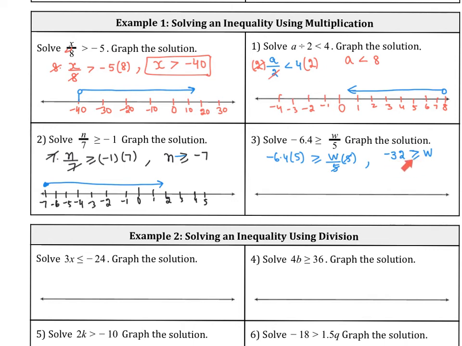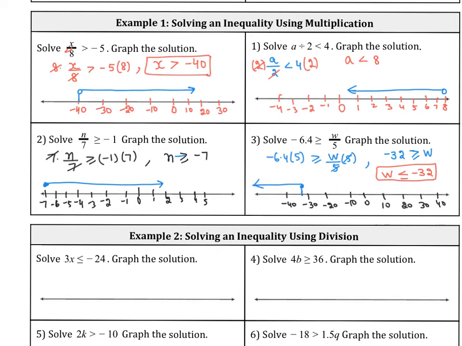But we do not write the number first, we always write the w or variable. So we're going to rewrite the same inequality. Instead of saying negative 32 is greater than or equal to w, we're going to say w is less than or equal to negative 32.